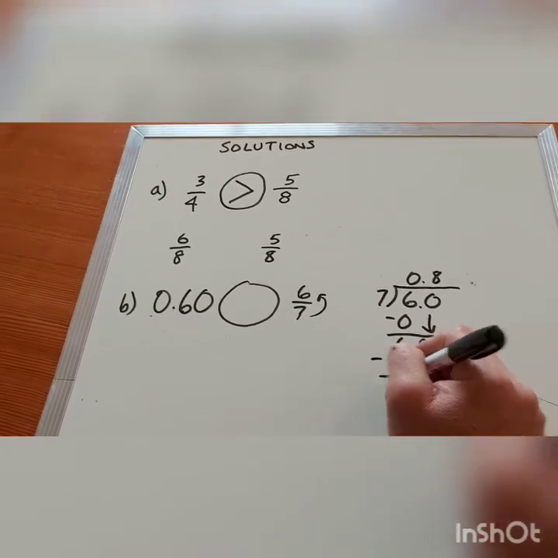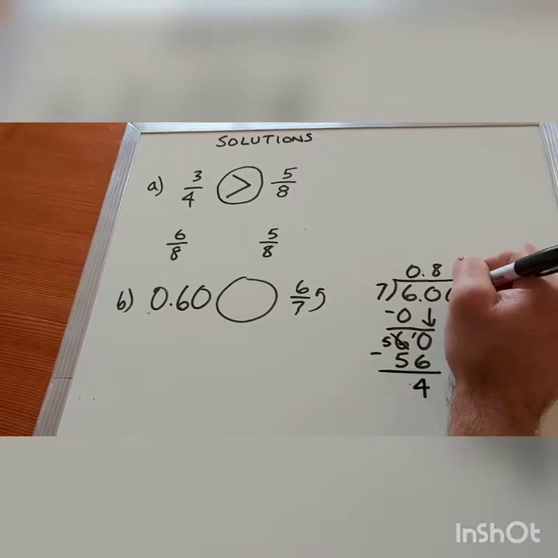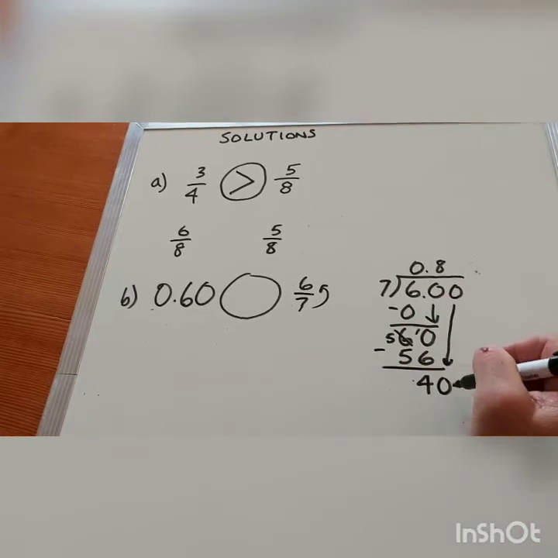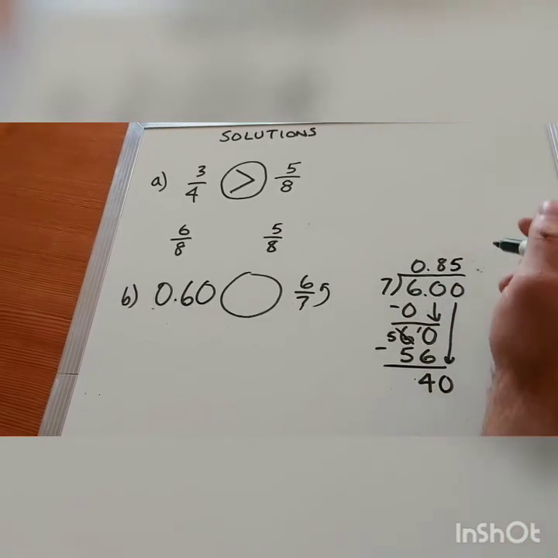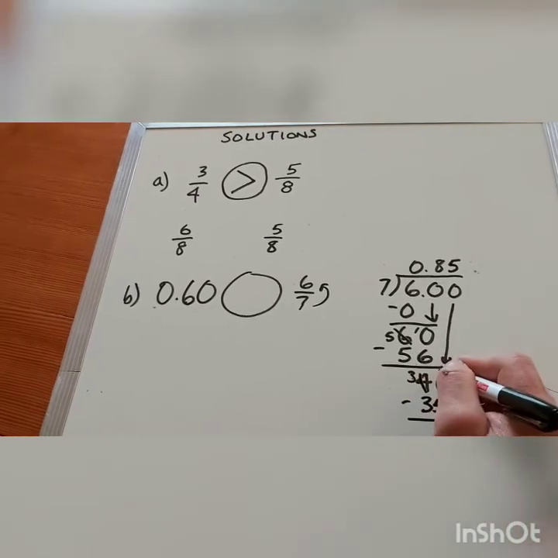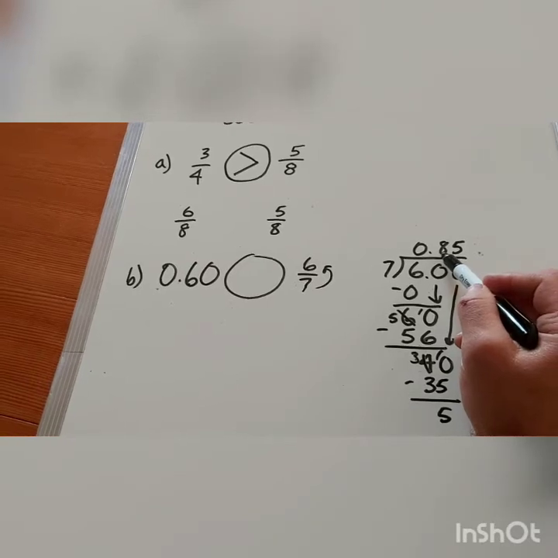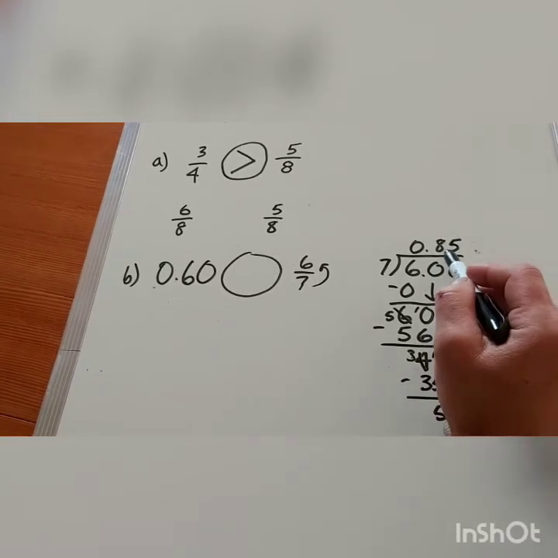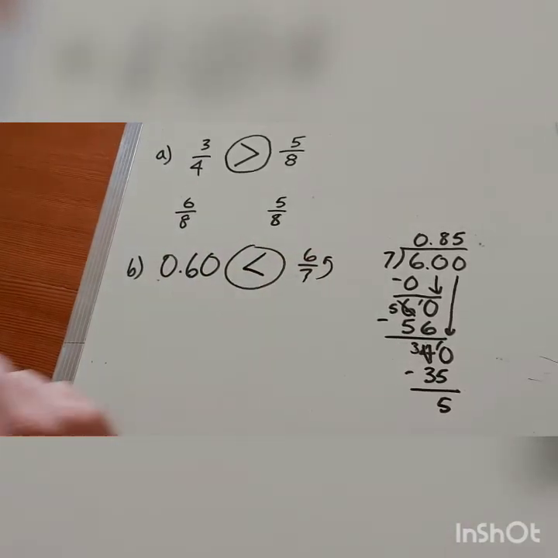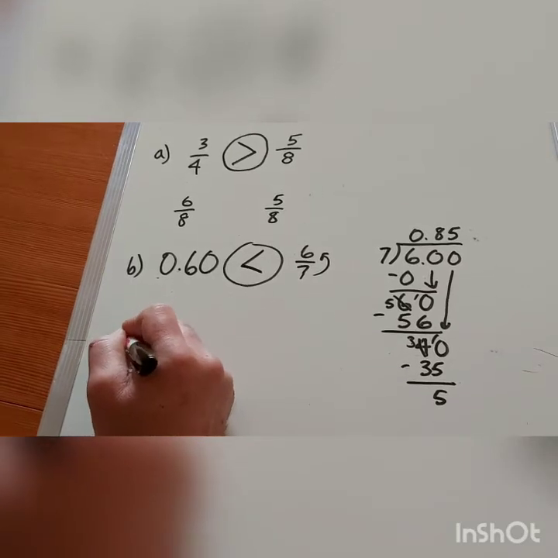We subtract, regroup. We have 4. Bring down another 0. 7 into 40 goes 5 times. 35. Subtract, regroup, and so forth. I don't need to go any further because I can clearly see that decimal 0.85 is greater than 0.6. So in this case, we write 0.60 is less than 6/7.